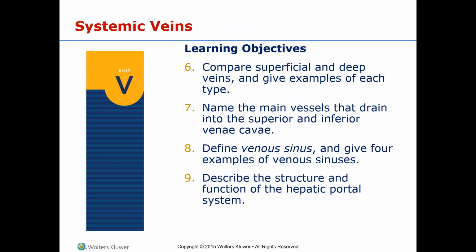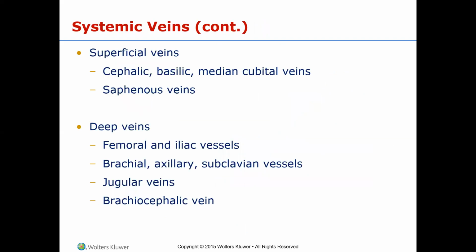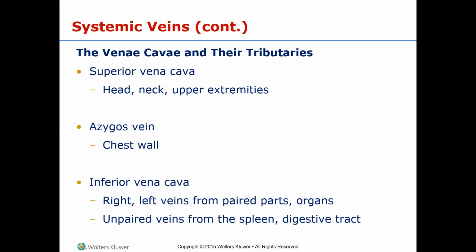Okay, systemic veins, I'm not asking you to be responsible for these, neither the superficial nor the deep. You should know that the major veins that are returning blood to the heart are the superior vena cava, which drains the head and the neck and the upper extremities, and then the inferior vena cava, which serves the right and left veins, and everything from the lower extremities as well as our organs.